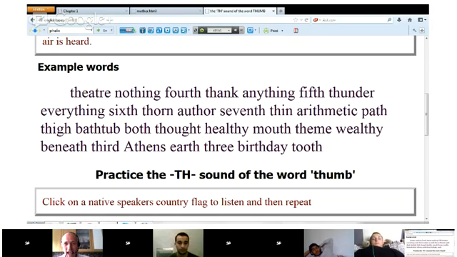Healthy. Mouth. Good. Theme. Wealthy. Now this one I can say beneath or beneath, because the first syllable doesn't really need a stress, and I said yesterday sometimes the unstressed syllable can be schwa.